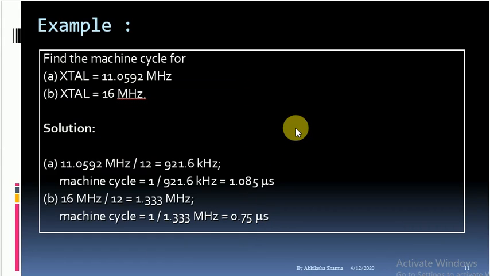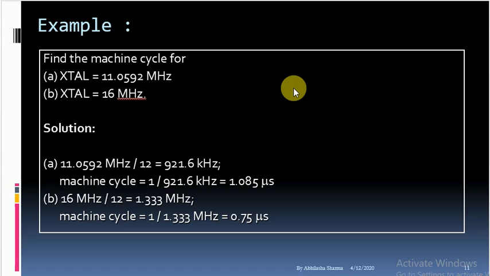Yes, so after the discussion of the crystal oscillator, now we will move towards the calculation of the machine cycle. Basically the 8051 operates on a frequency of 11.0592 megahertz. We will see how to calculate the machine cycle for the 8051 microcontroller.